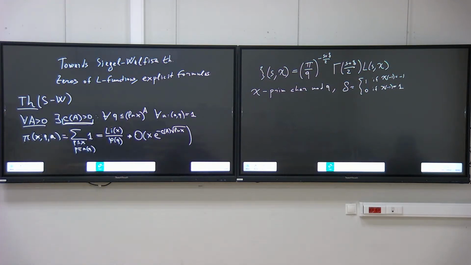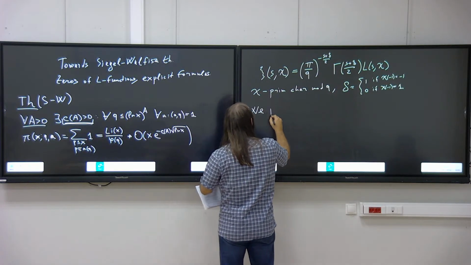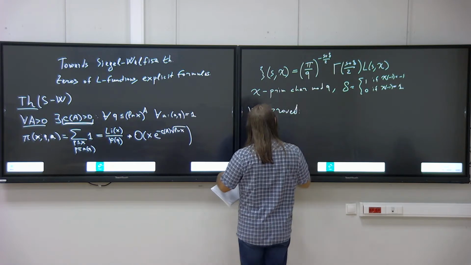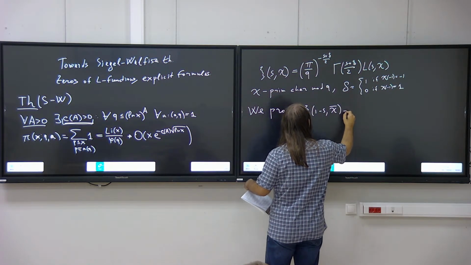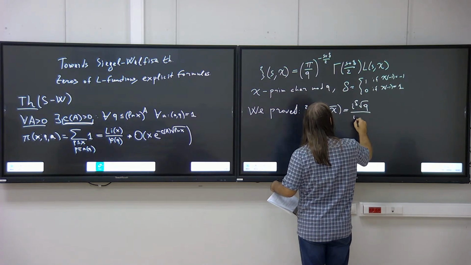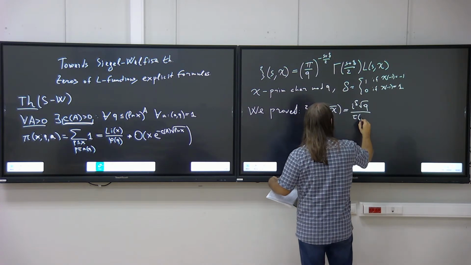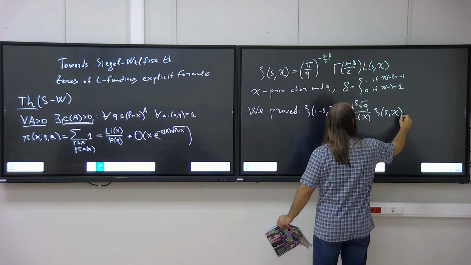To be more precise, let me remind you that we proved that psi of 1 minus s, chi bar is equal to i to the delta square root of q divided by tau of chi, psi of s, chi.